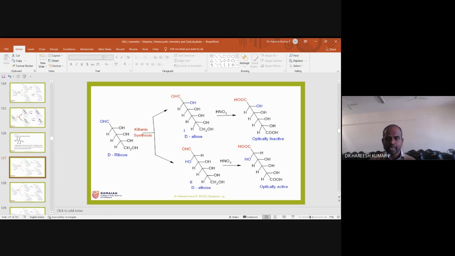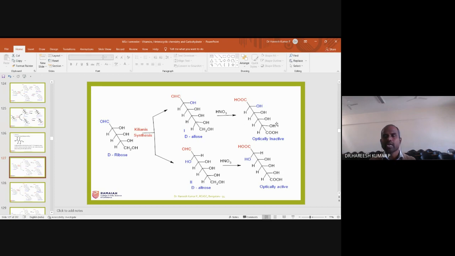The obtained allose as well as altrose are subjected to oxidation. In this process, a CHO group is converted into carboxylic acid. A primary alcohol CH2OH is also converted into carboxylic acid, giving rise to two compounds.